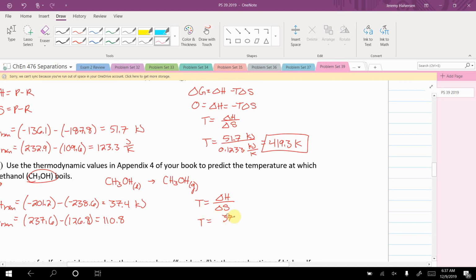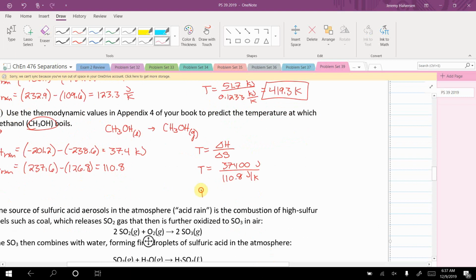Let's see, I just have to make sure my units are the same. And I get temperature is 338 Kelvin.